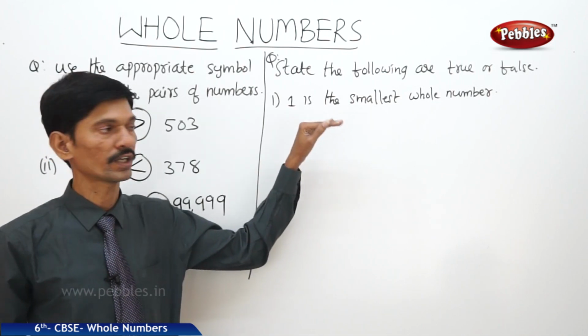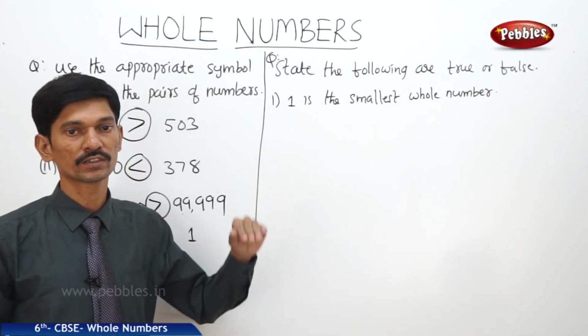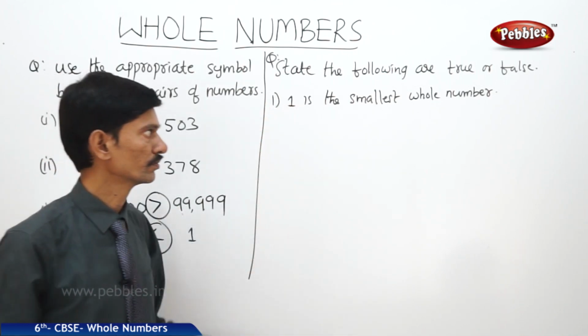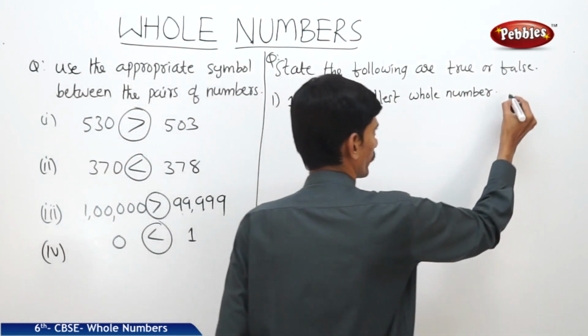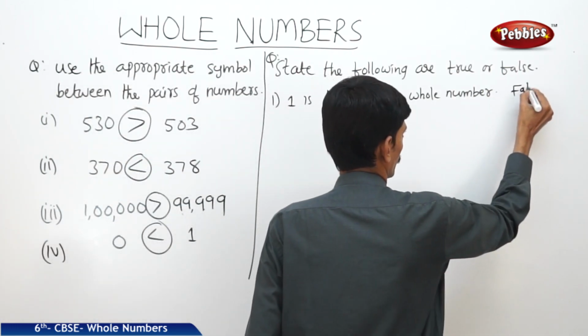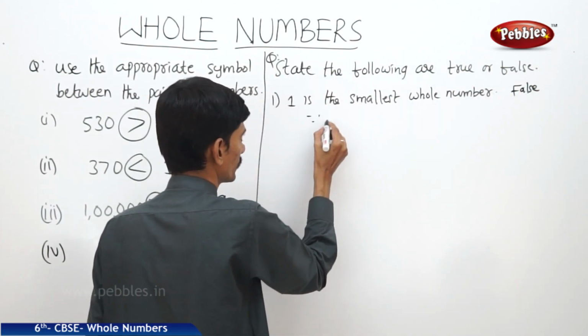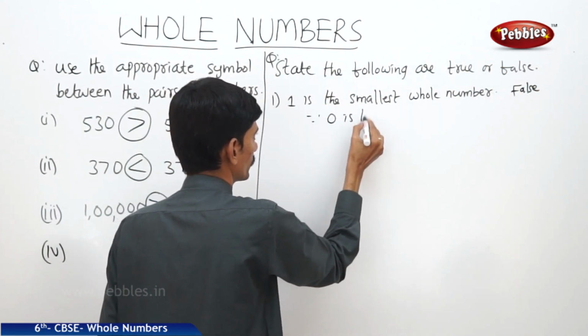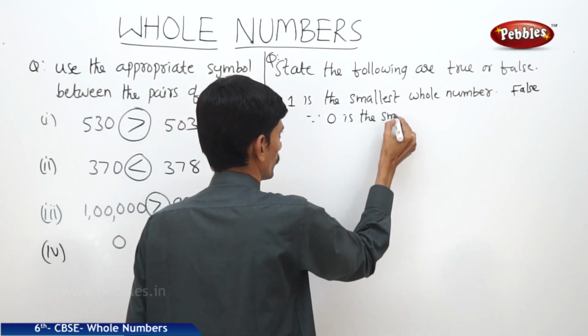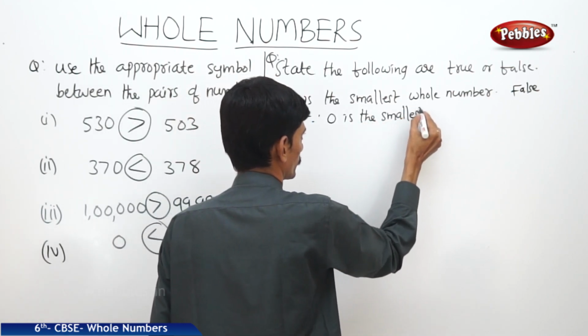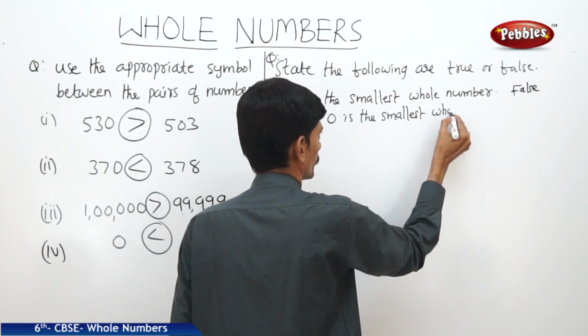This is false because the smallest whole number is 0. So we can write this is false, since 0 is the smallest whole number.